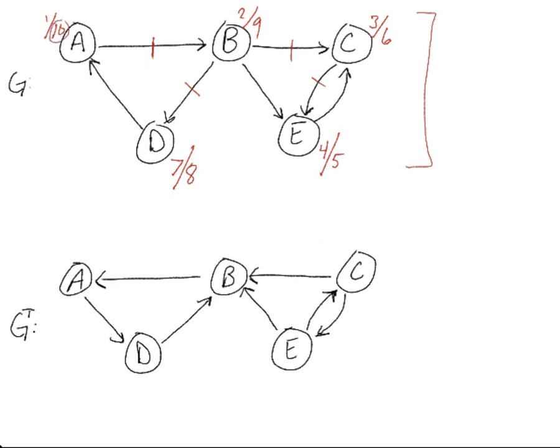So we'll start with A again, and we'll traverse this edge to D, and then we'll traverse this edge to B. B has nowhere to go. Well, it can go to A, but A has already been visited. So we finish B, finish D, and finish A.